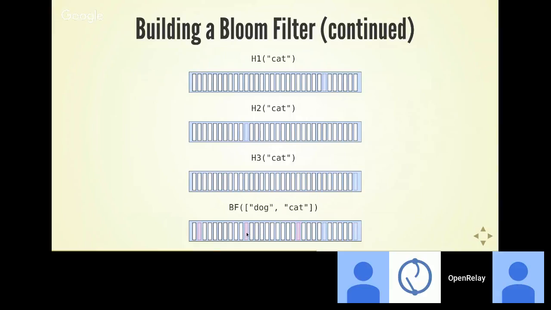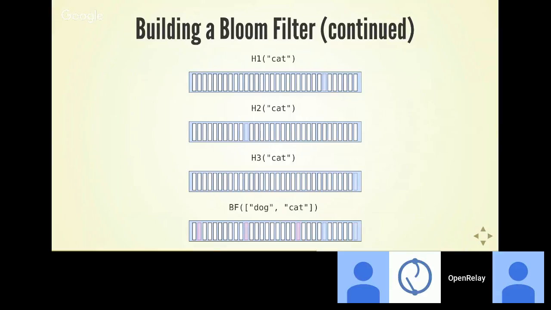But, oh, that bit was already set by dog, so we don't need to set that again. And then for hash function 3, this bit maps down into that bit. And understand that in my Bloom filter at the bottom, the colored bits are just there to represent that this has been filled, so that we can keep track for the purposes of the presentation.